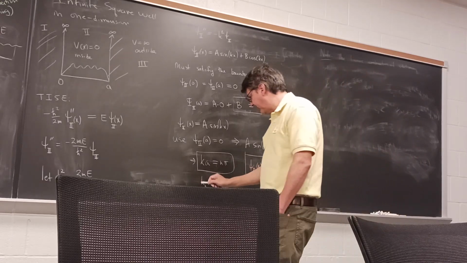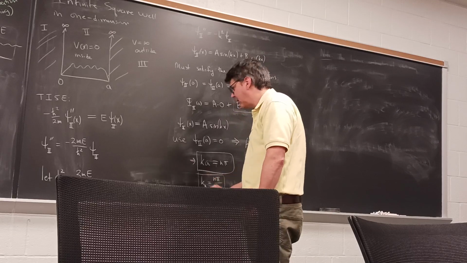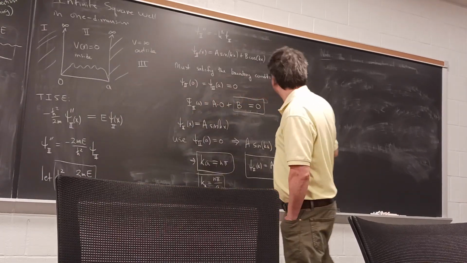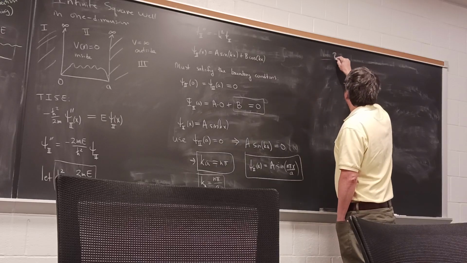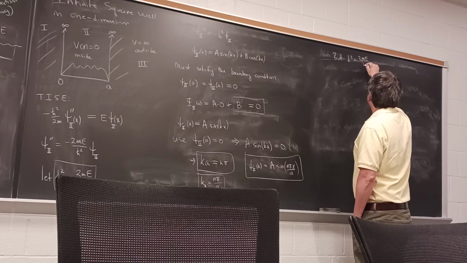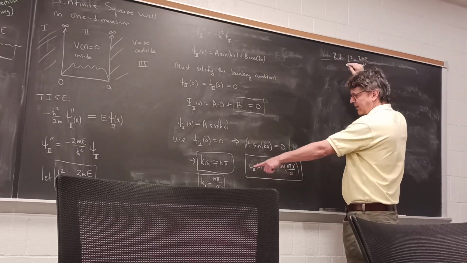Okay, so now let's see, we can already do something with this. We already said that k squared was 2m E over h bar squared, so we can square this.